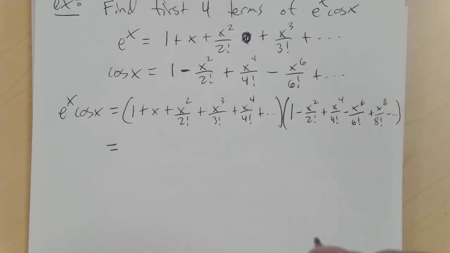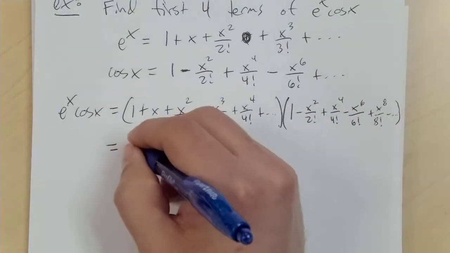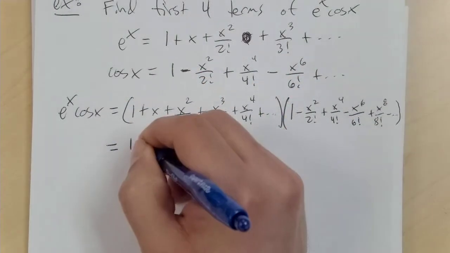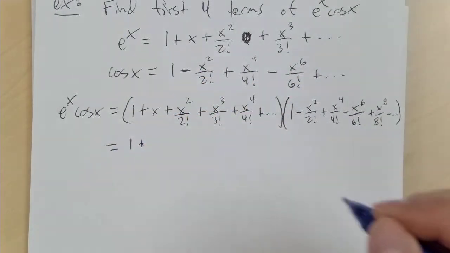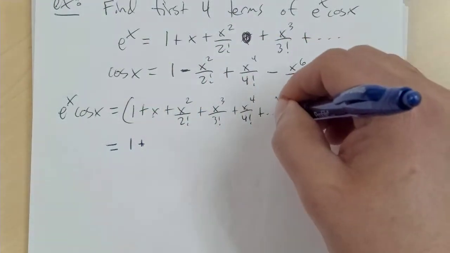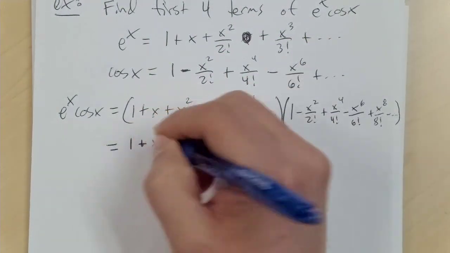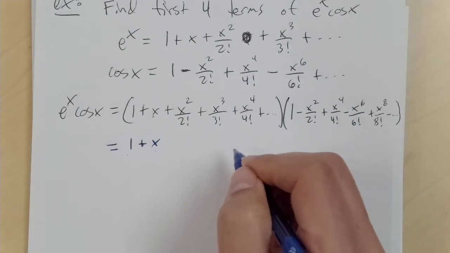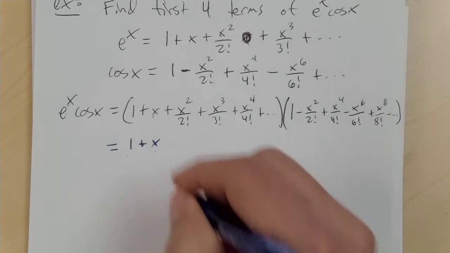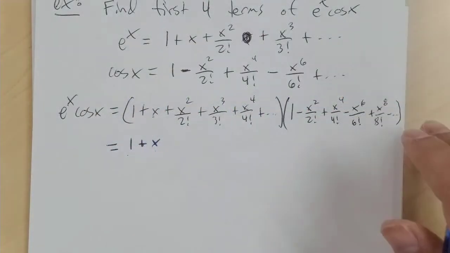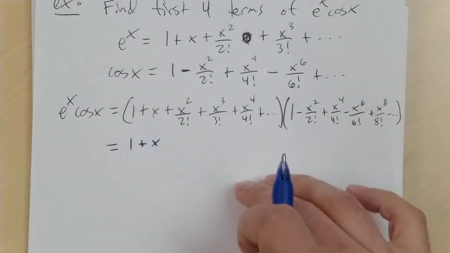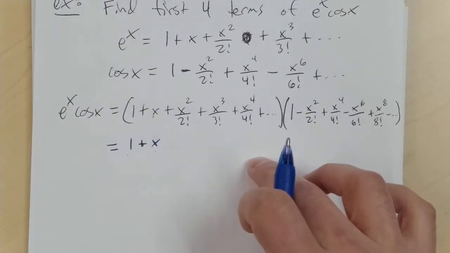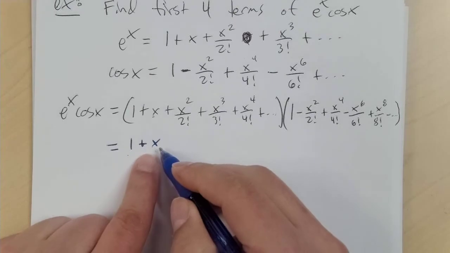So I'm going to start with our constant, obviously, because we have 1 times 1. We have our linear term, which is going to come from x times 1. And so I'm going constant, linear, quadratic, cubic, and I'm just going to write down the coefficients as I go. So I'm not actually going to multiply it all out.